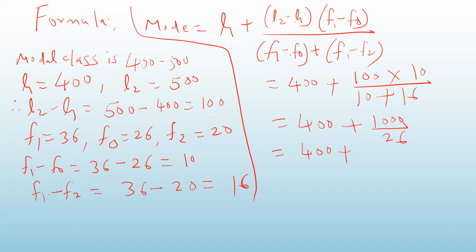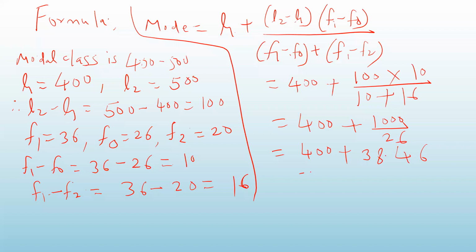What will you get? 1000 divided by 26, that is 38.46. Use your calculator. Okay. So 1000 divided by 26 is 38.46, and add 400 to this.